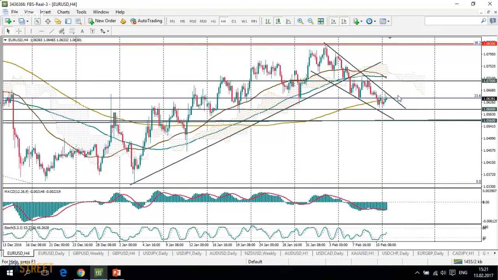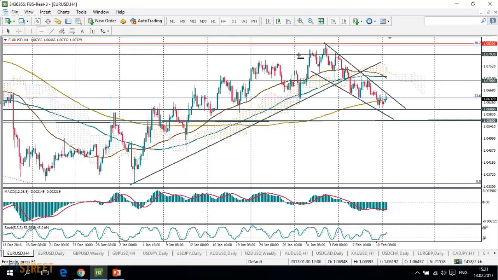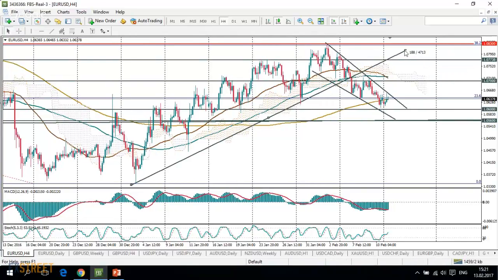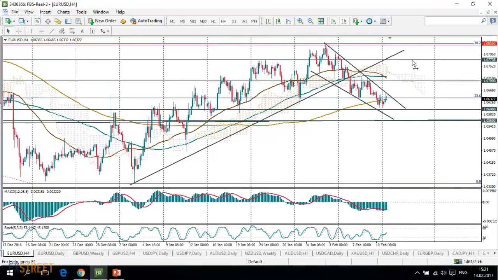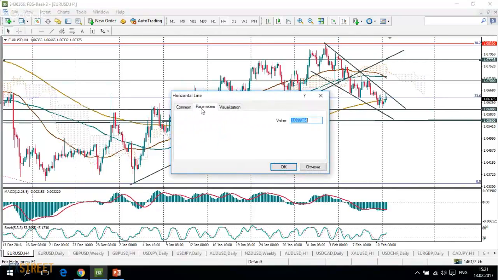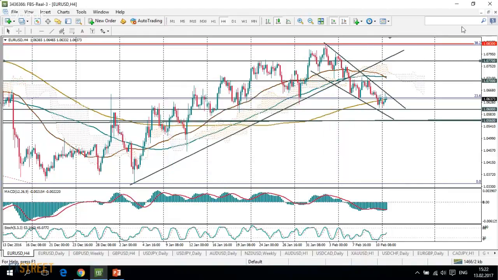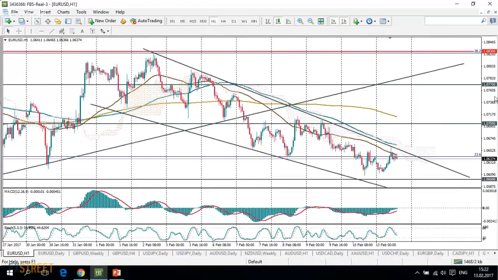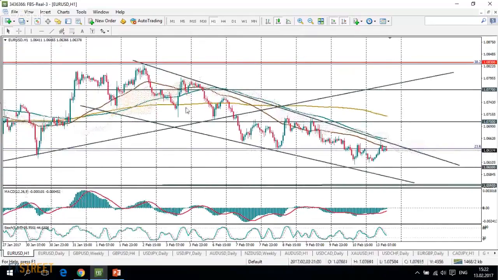A break above 106.60 will lead us to 107, and then the next resistance and the big resistance will be located in the area of 107.70. Here is the 1 hour chart. Well, here we can see more of this slow downtrend as well.